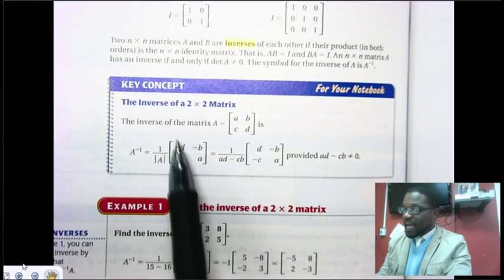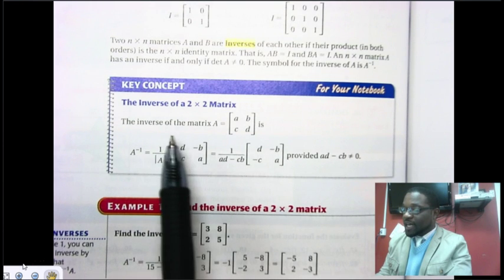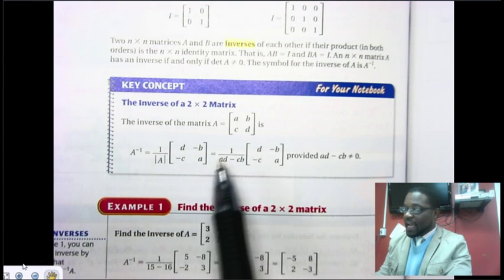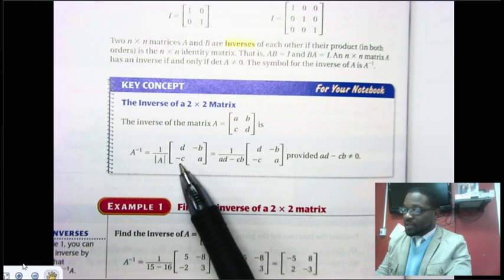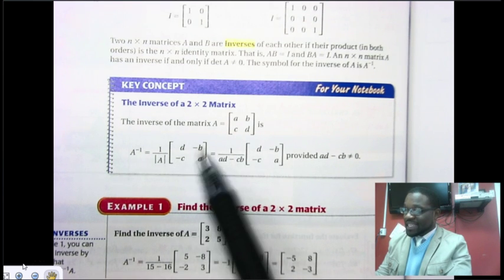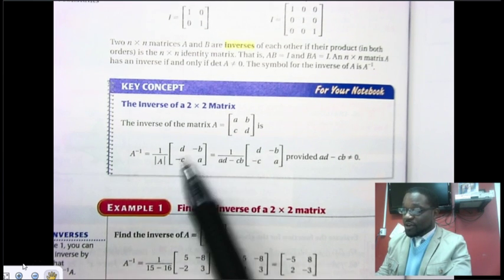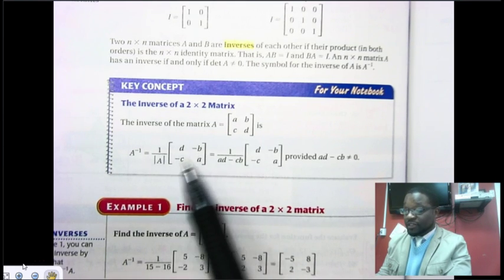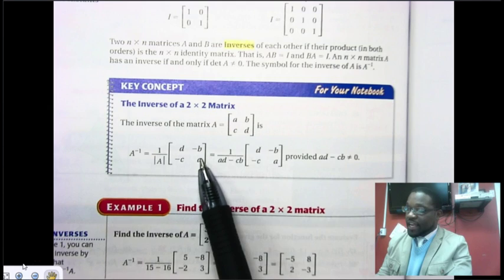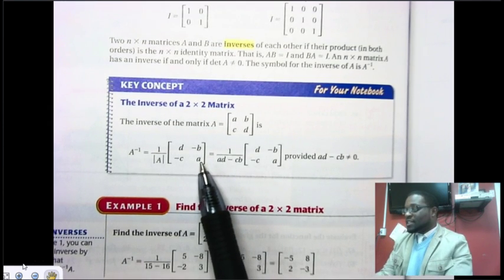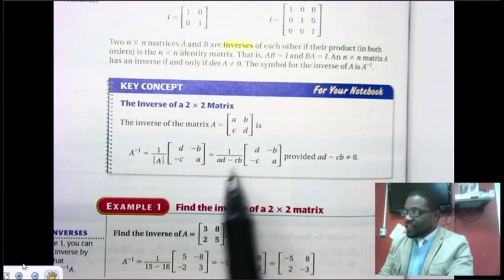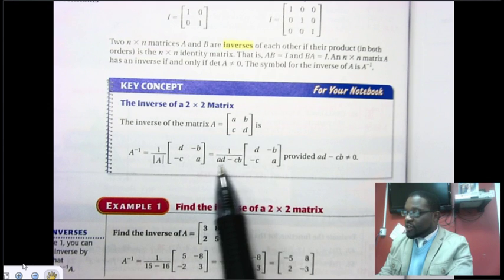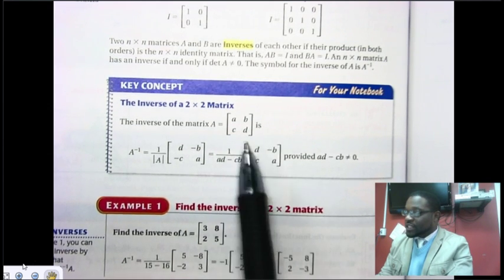So in other words, the diagonal from top left to bottom right flips, and the bottom left, top right diagonal, they just change signs. They don't move, they just change signs, and that means they don't always become negative. They change from whatever they are to the opposite sign. And this here again is the determinant, and you multiply that times each one of those. It's like a scalar.